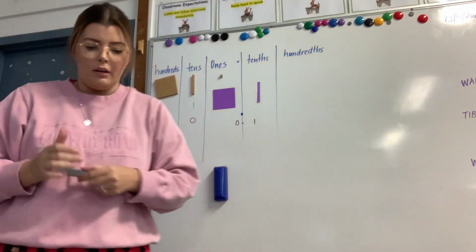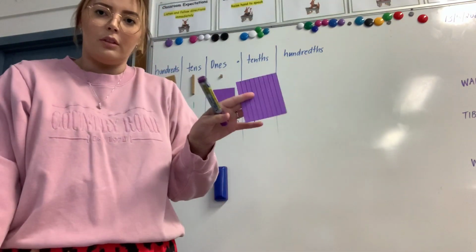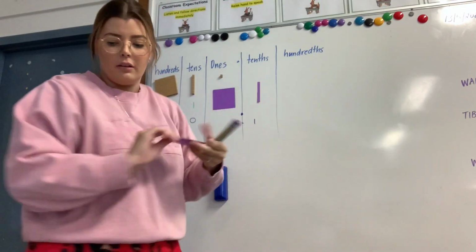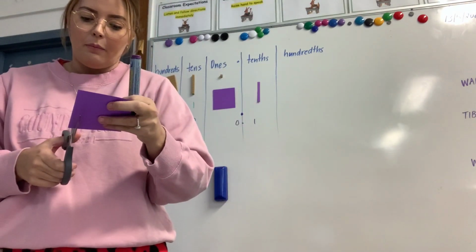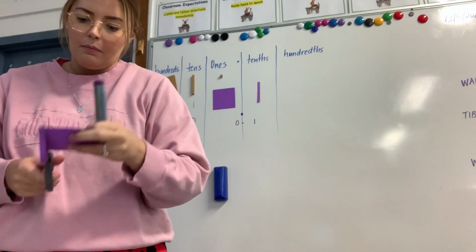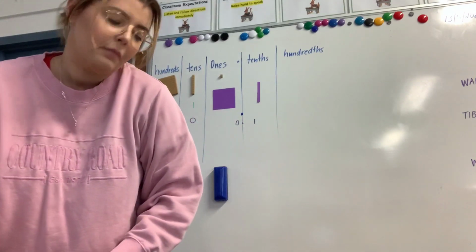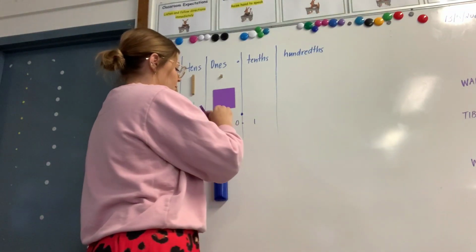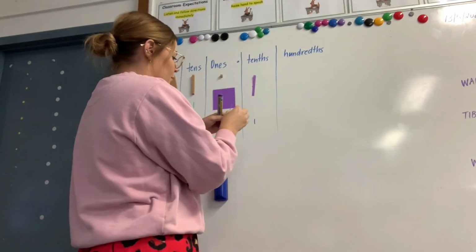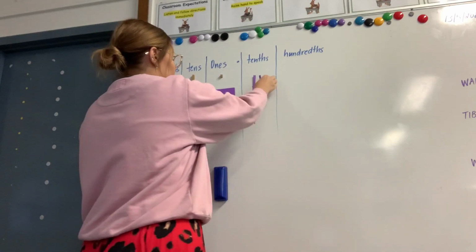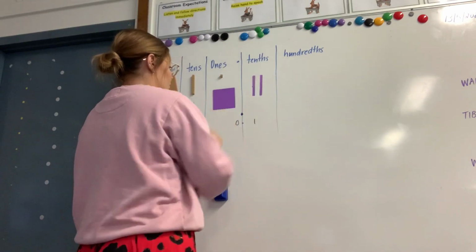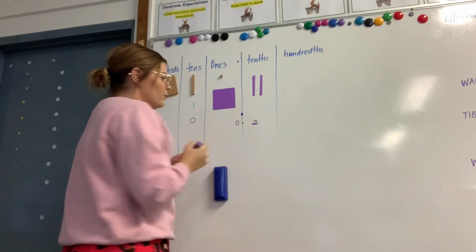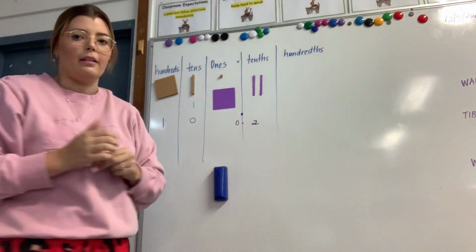If I was to add more, so again from here, if I was to chop another one, that would be 2 tenths. Okay, so let's have a look at that now. Okay, so 0.2, and that's 2 tenths.